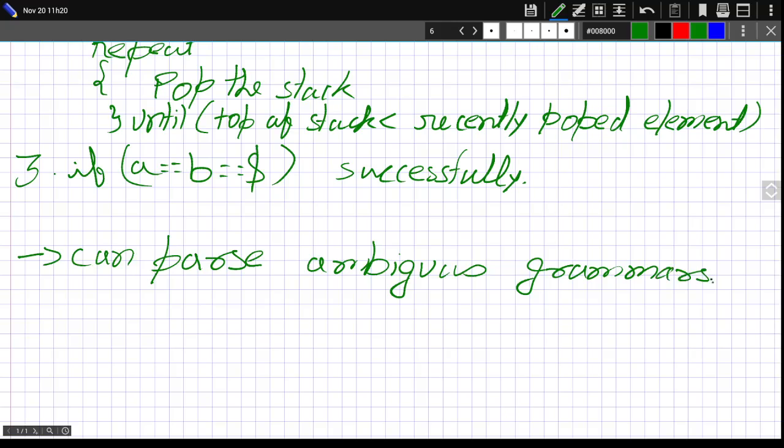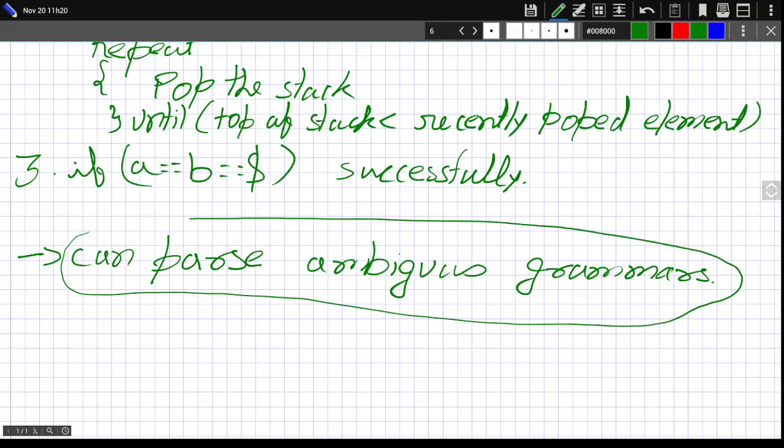So this is an important thing with operator grammar and operator precedence parser, because of which one may think of using such a parser, that it can also parse ambiguous grammars.